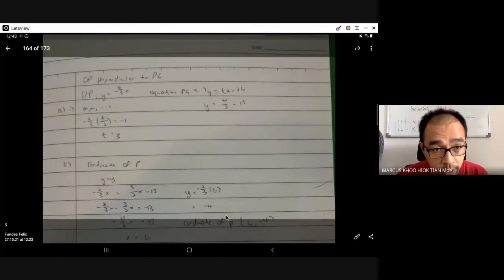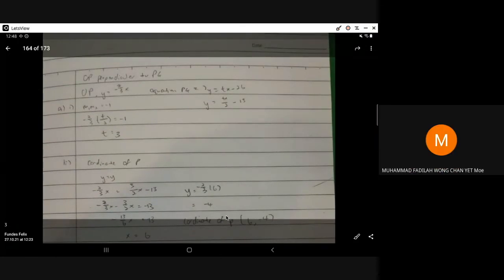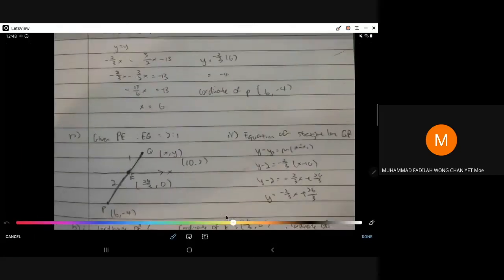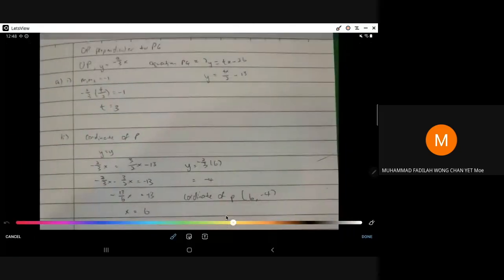Me, sir. All right. So from the question, the information that we can get is that the equation of OP is y equals to -2/3x, and the equation of PQ is 2y equals to tx minus 26. So for the first question, dia mau cari t kan. So from the equation of PQ, we want to let the 2y jadi y je lah.